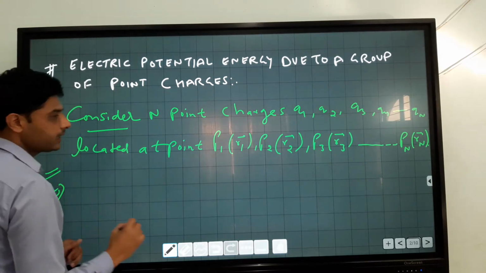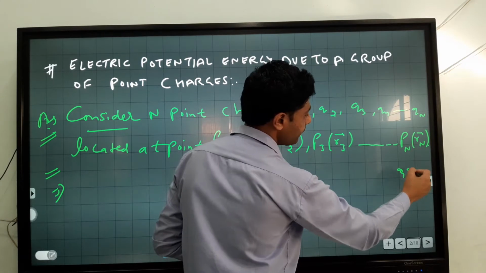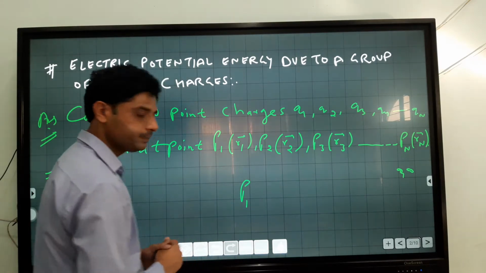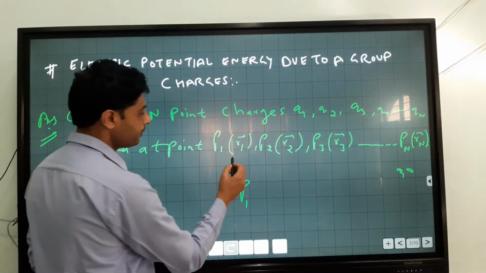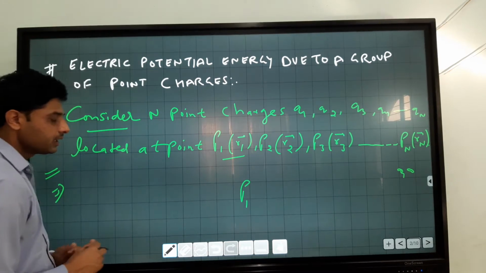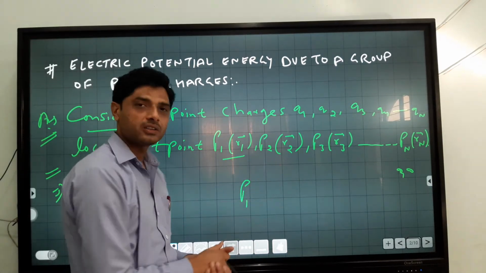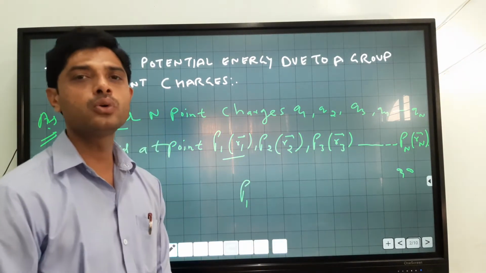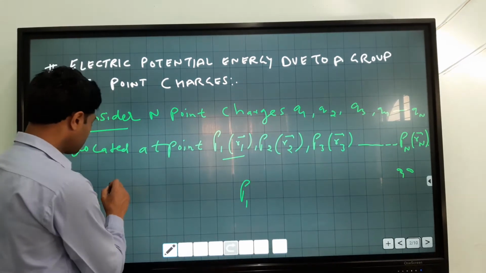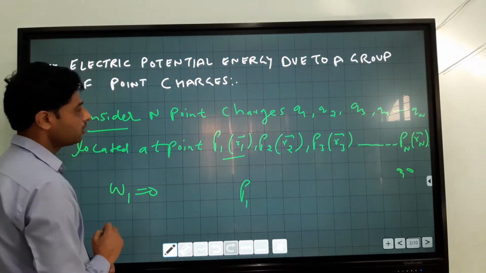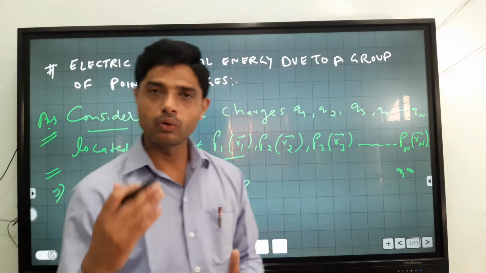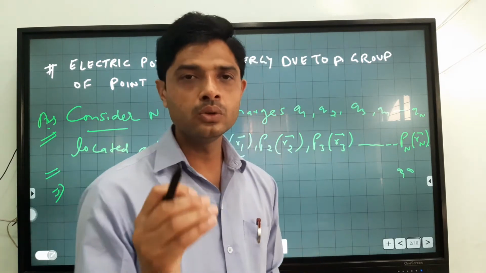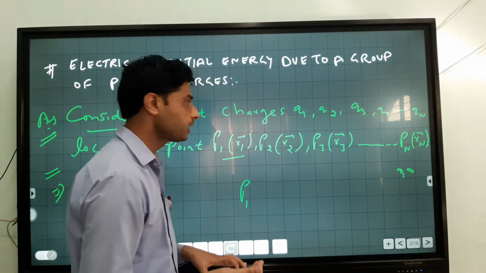First of all, let the Q1 charge be placed at infinity, and we have to carry Q1 from infinity to point P1. The position vector of P1 is R1. Then there is no other charge. It means there is no electrostatic force against which we have to do work. So the work done is 0, because work done equals force into displacement, or work done equals charge into potential difference, in the form of electric potential.